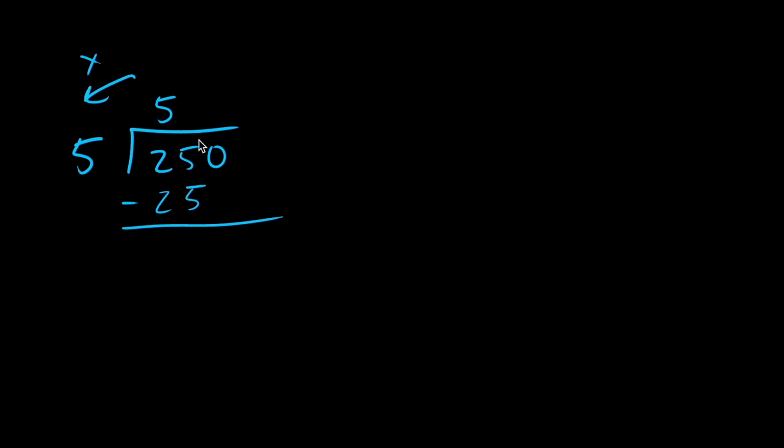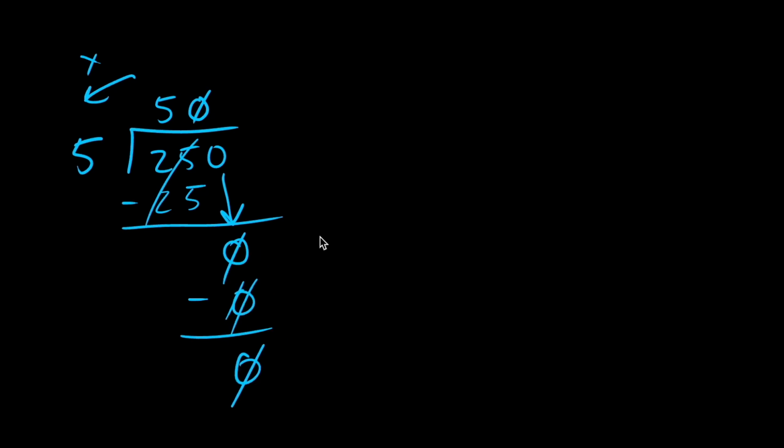You simplify, 0. Then you bring down this 0, and now you have a 0. So how many times can 5 fit into the 0? 0. So you write the 0 above, and then 0 times 5 is 0. You simplify and it gives you 0. So the answer is 50.